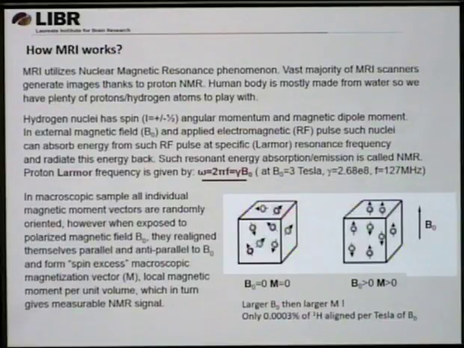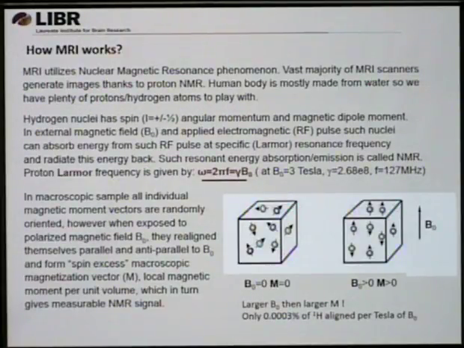And this causes something macroscopic, which we can measure. This is what we call the magnetization vector. Essentially, we take all those spins pointing up, subtract all those spins pointing down, and the difference is what we can measure inside the MRI machine.